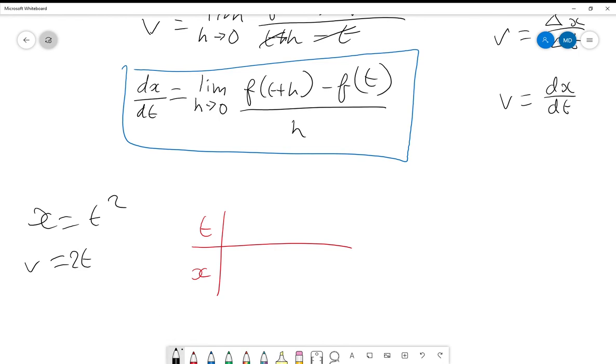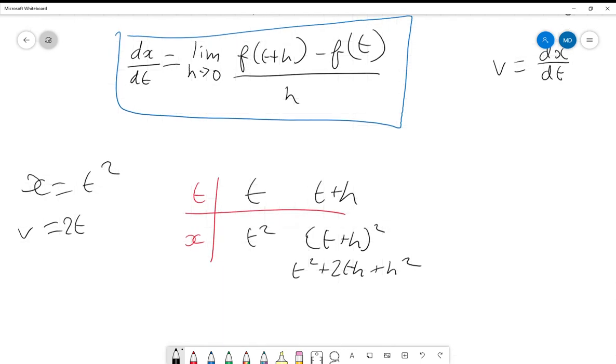We want t to be some variable, so we're going to go from t to t plus h, a little bit more. And the x value is going to be t squared and t plus h squared. Then we can expand this out, and we get t squared plus 2th plus h squared.